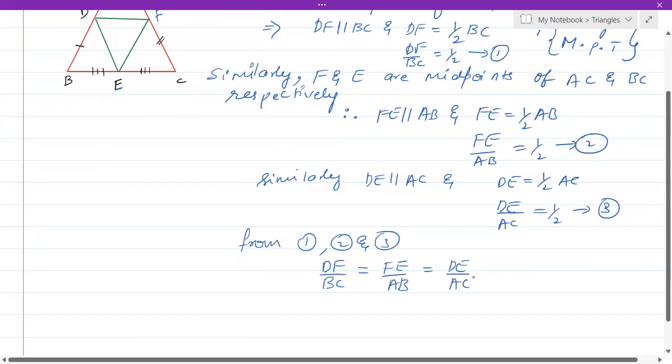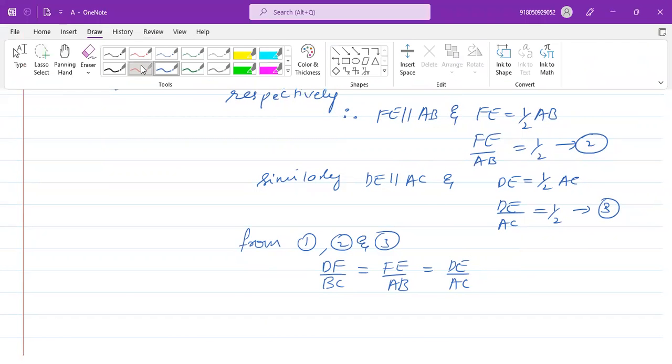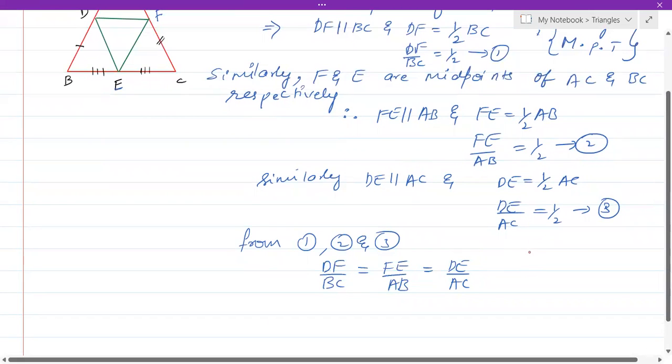All the 3 ratios are equal. Now, if you observe, what have we got in the numerator? In the numerator, we have got DF, FE and DE. And in the denominator, we have got BC, AB and AC. What are those? DF, FE and DE are the 3 sides of the triangle DFE, isn't it?